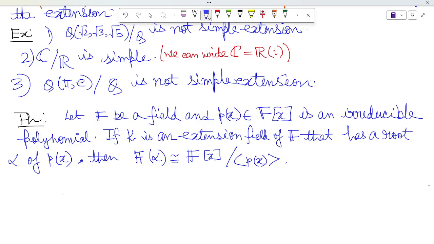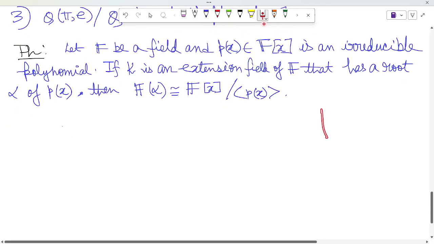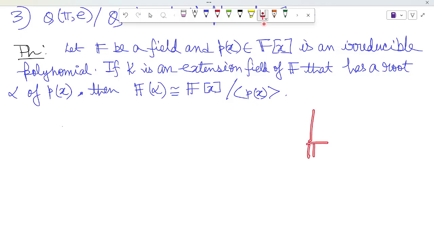So here K is an extension field that contains alpha. The fact is that I could get alpha, or I might not. I don't care. If I don't get alpha, I stretch to a field extension which has alpha.